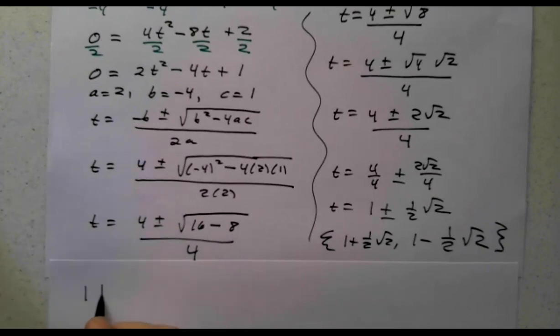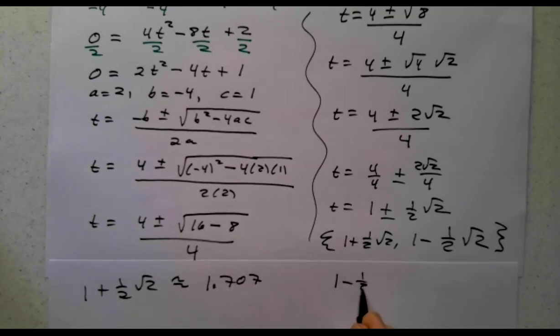So 1 plus 1/2 root 2 is approximately 1 plus 1/2 times the square root of 2. I'm getting 1.707. And then 1 minus 1/2 root 2 is about 0.293.